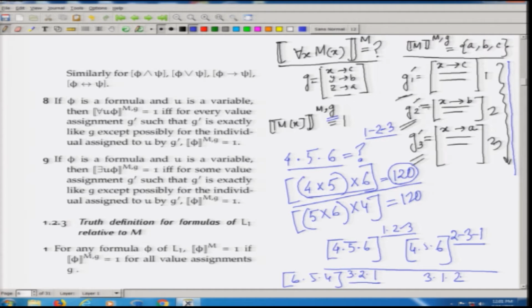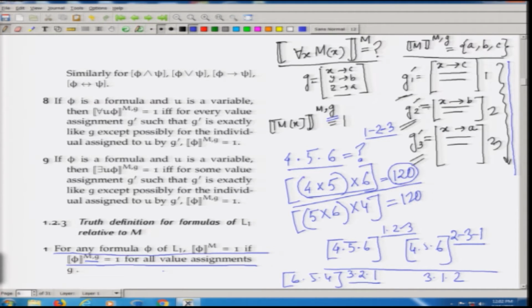So for that, just for saying this, there is another rule: for any formula phi of L1, the denotation of phi with respect to M is 1 if the denotation of phi with respect to M and g is 1 for all value assignments g.